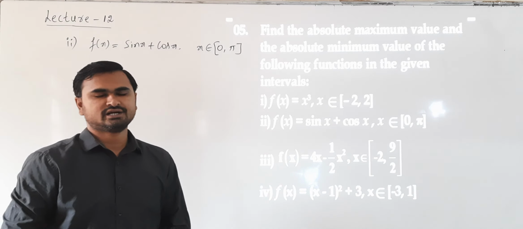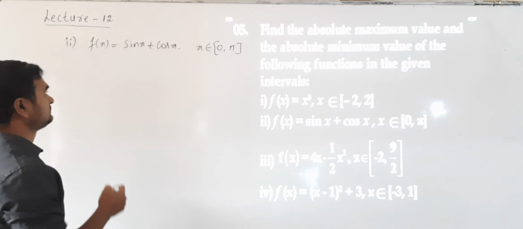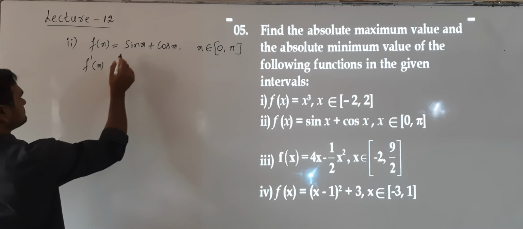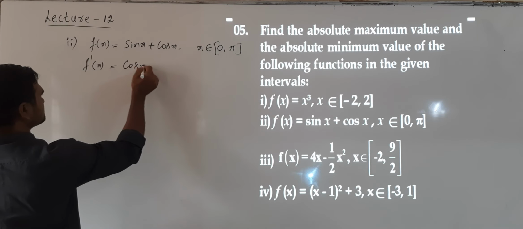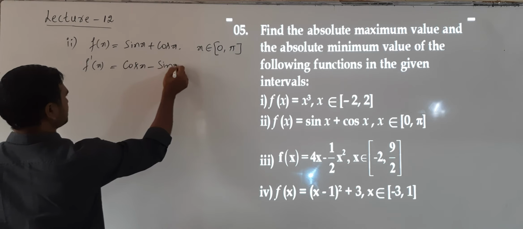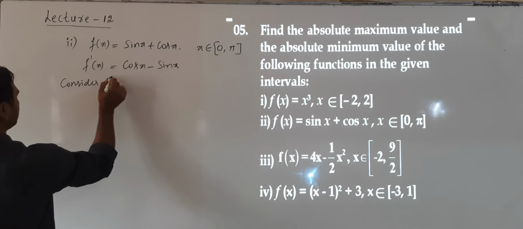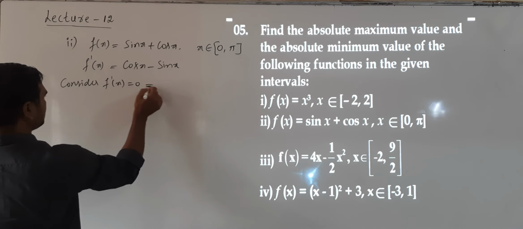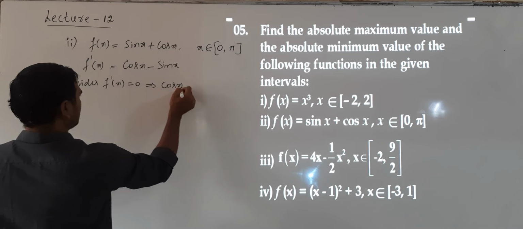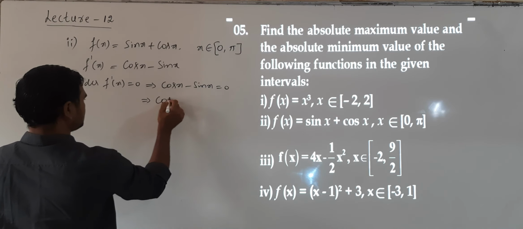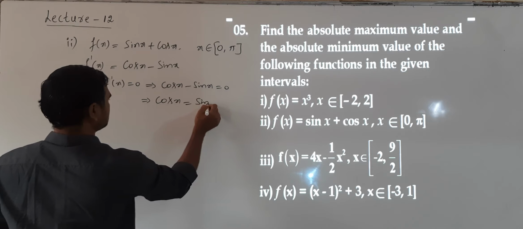Now let us find the critical points, if they exist here. For critical points, f dash x should be 0. So f dash x here is cos x minus sin x. So consider f dash x as 0 for critical points. Cos x minus sin x is 0, cos x equal to sin x.